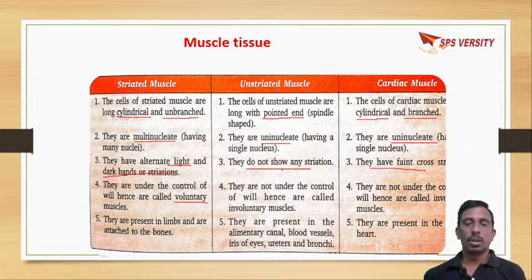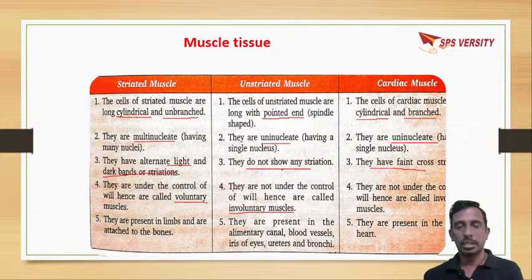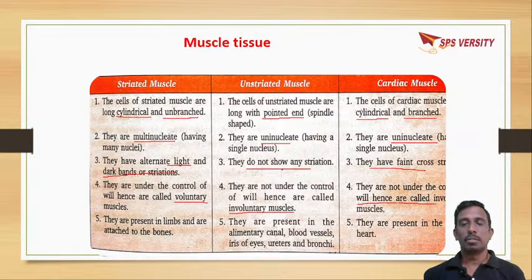Unstriated muscles are involuntary. Involuntary means they are not under our control or will, like the muscles of the stomach. Cardiac muscles are also involuntary, not under our will. Striated muscles are present in limbs, that is the forelimb and hind limb, attached to bones.